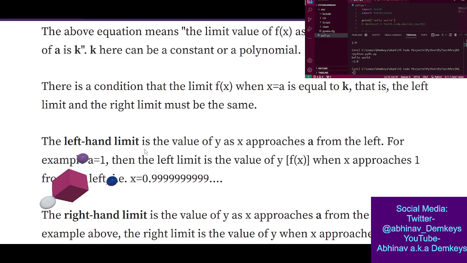For example, a equals 0. So left means lower than it, right? And right means higher than it, I'm assuming. Then the left limit is the value of f of x when x approaches 1 from the left. Okay, so the left limit is below and the right limit is above, I'm assuming.